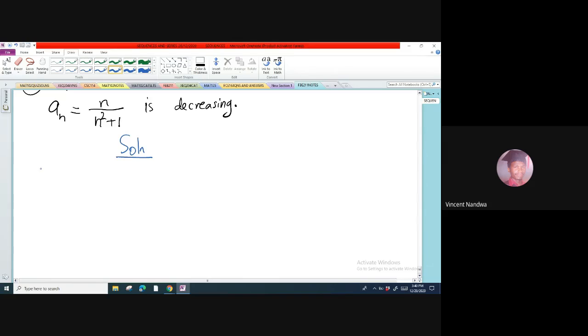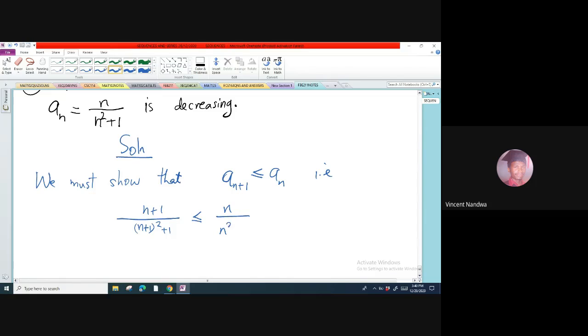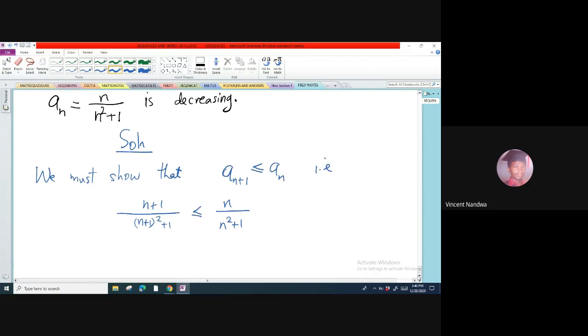We must show that an plus 1 is less than or equal to an, i.e. n plus 1 over n plus 1 squared plus 1 must be less than or equal to n over n squared plus 1. So we can always cross multiply to rewrite this inequality.